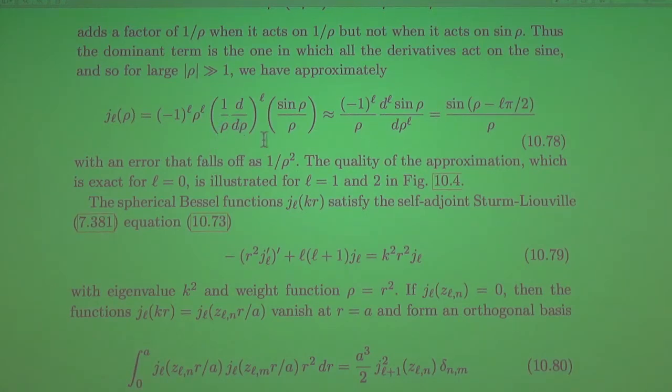And then what's left over is a 1/ρ, since ρ^L divided by ρ^L is just 1/ρ. Then we absorb the (-1)^L into the final answer. So the (-1)^L that starts out here just disappears into that. So that's how that works.